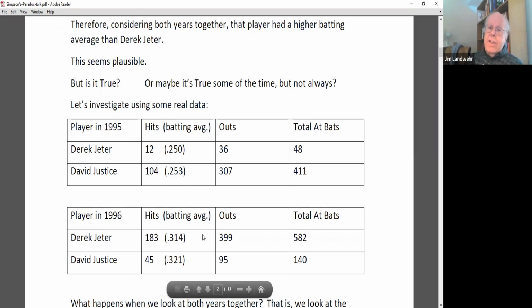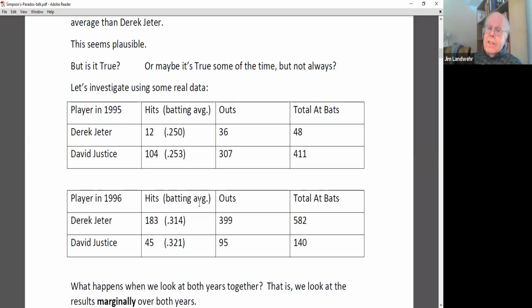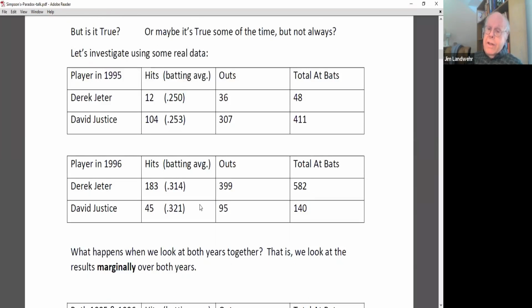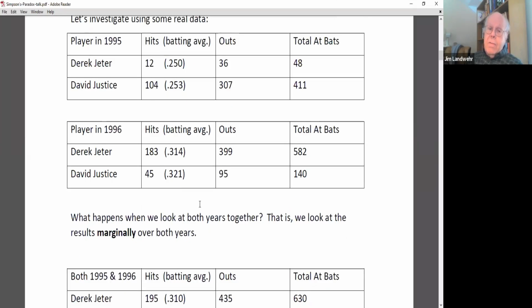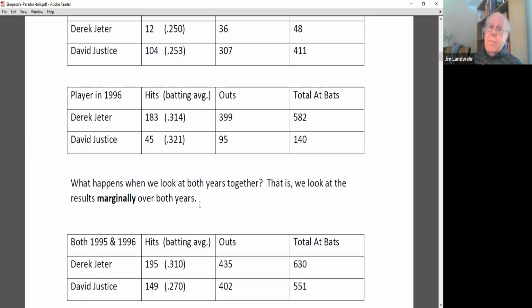In 95, Justice hit .253, Jeter hit .250, so Justice had the higher average. But now the question is, what if we look at both years together? So we're going to look at the results marginally over both years, just considering both years together as one set of data.